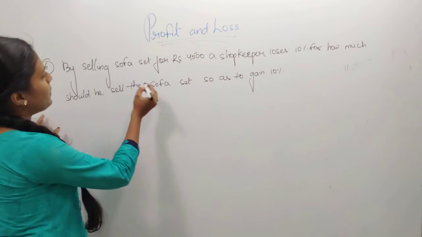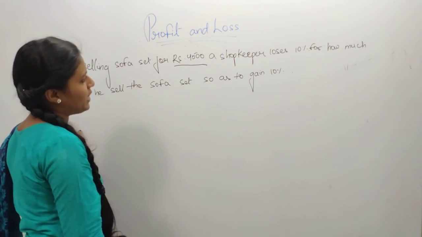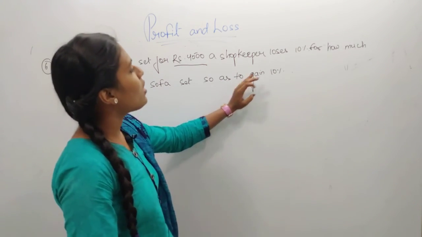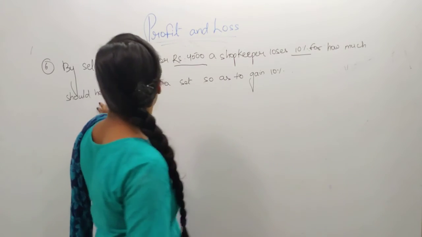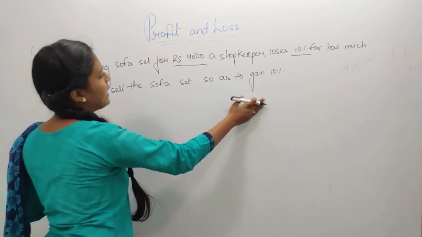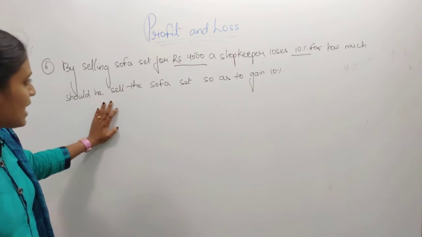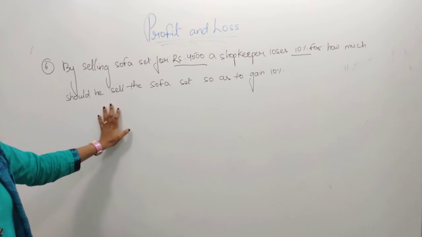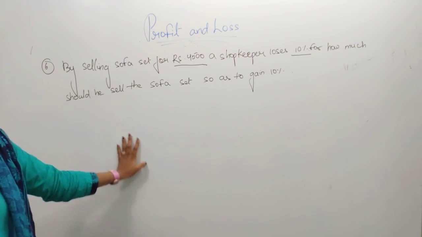When the shopkeeper sold a sofa at rupees 4,500, he got a loss of 10%. Now, how much should we sell the sofa set so as to gain 10%? Then what do we have to find out? We have to find the selling price to gain 10%. Okay, what will we do?